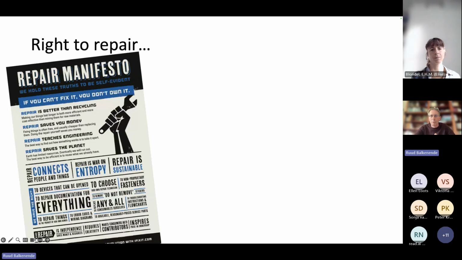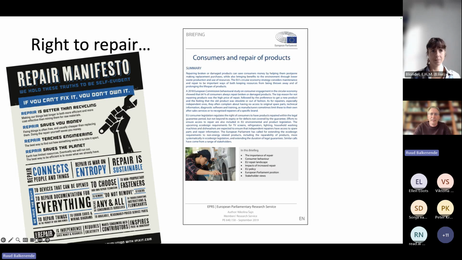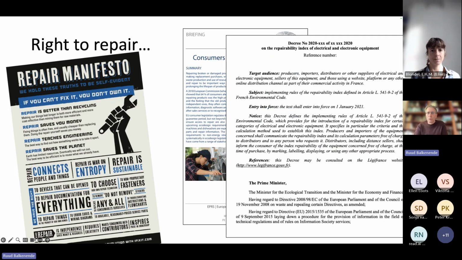But there is a counter movement. And for the consumer electronics industry, it becomes increasingly relevant due to all kinds of user actions like the right to repair movement. In the meantime, this has resulted, at least in Europe, in regulations, and in France also in more specific legislation.